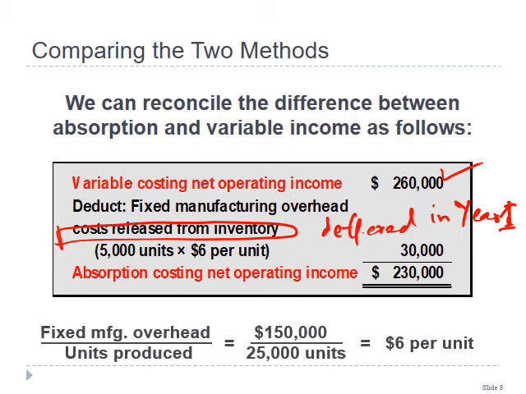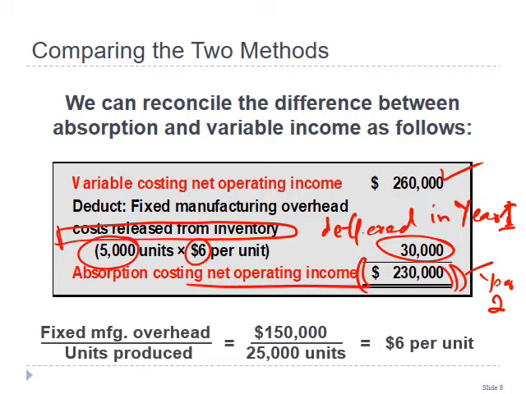So that fixed part is 5,000 multiplied by 6. The answer is 30,000. So that is exactly the amount for the year 2 variable costing and absorption costing net operating income difference, right?